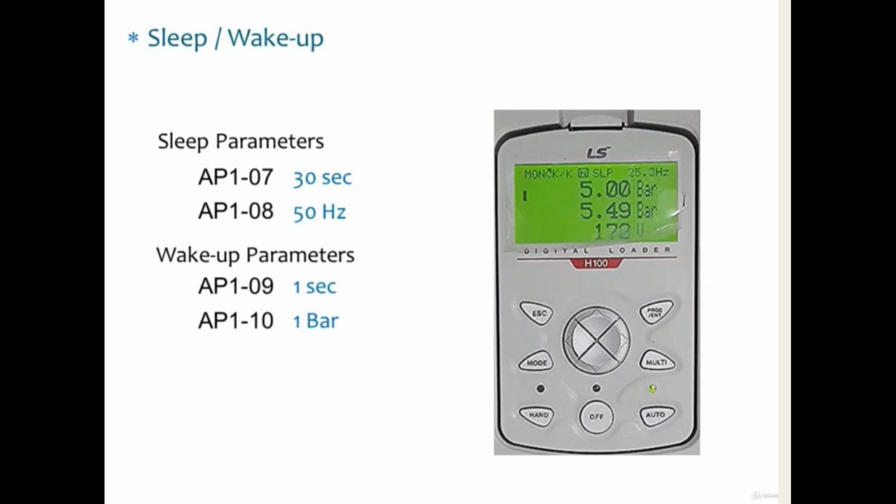You can see the pump has gone to rest. SLP indicates sleep. Now I will drop the pressure, and when it drops 1 bar and after 1 second delay the pump will start again.